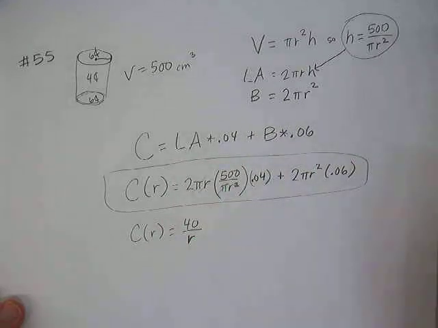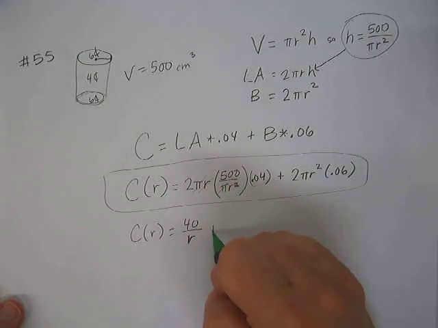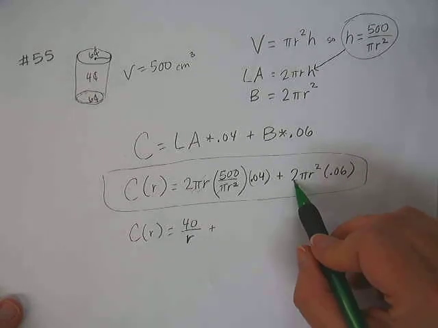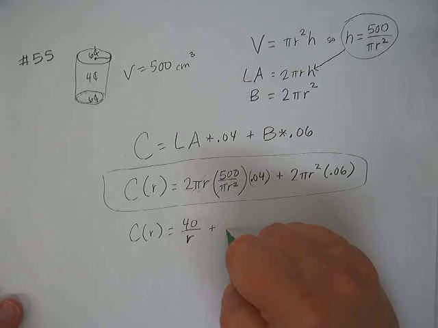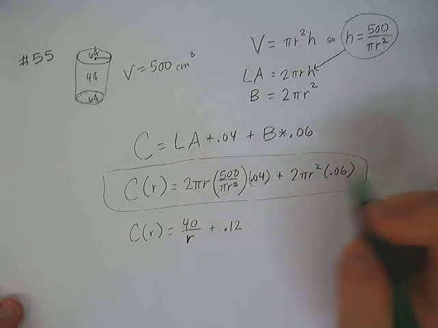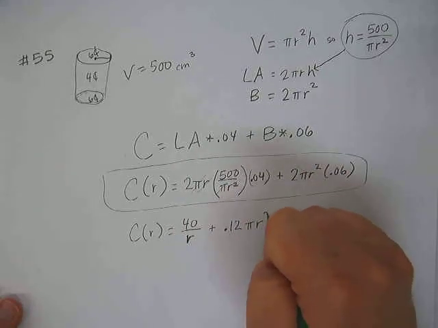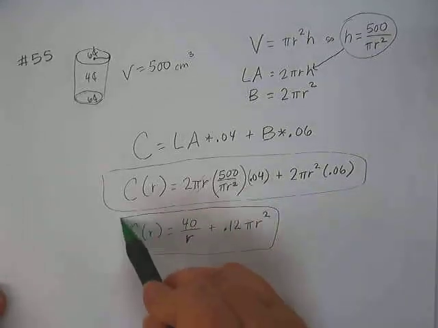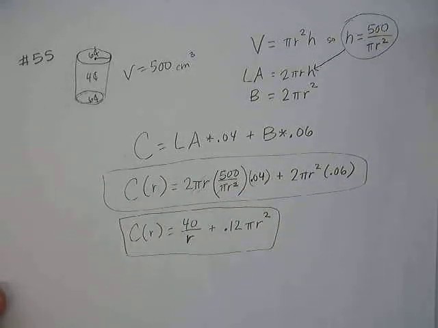So 40 over r, not over r squared, because one of the r's canceled. And then plus 0.06 times 2 would be 0.12 pi r squared. I think that would be a nice simplified version of our function.